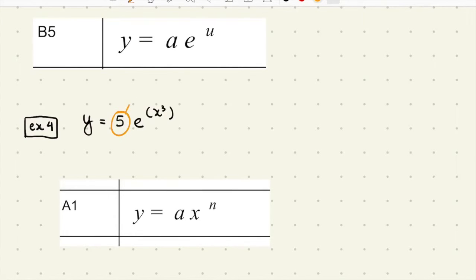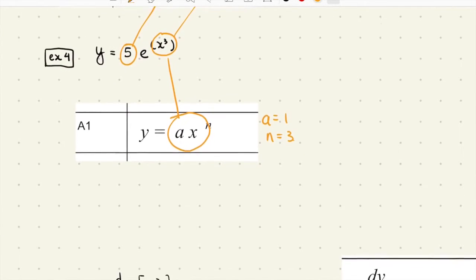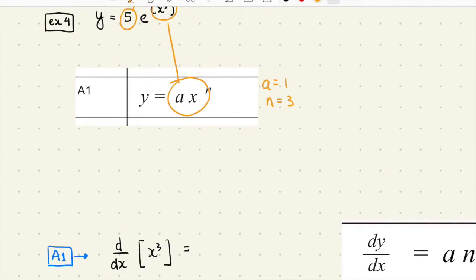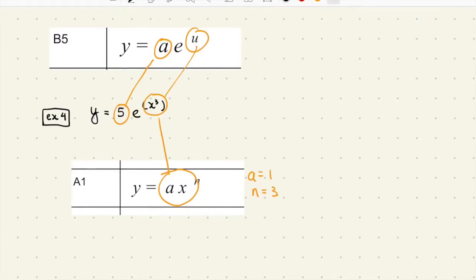A is 5 and u is x cubed, and x cubed you can apply here, where a is equal to 1 and n equals 3 if you apply formula A1.